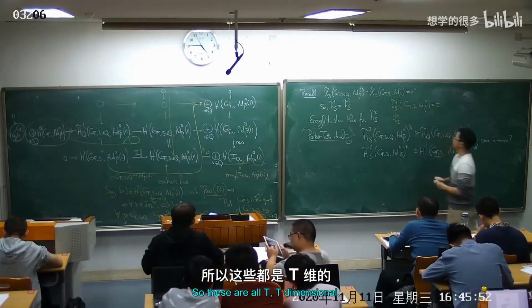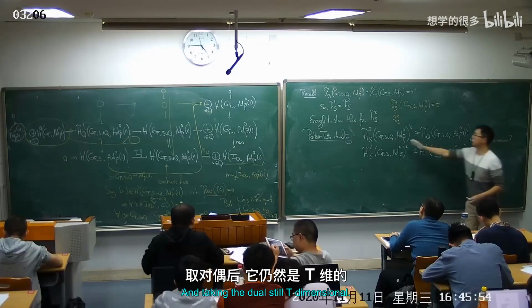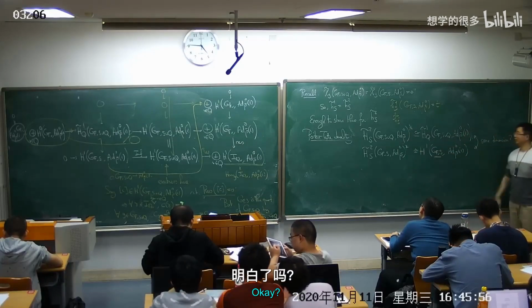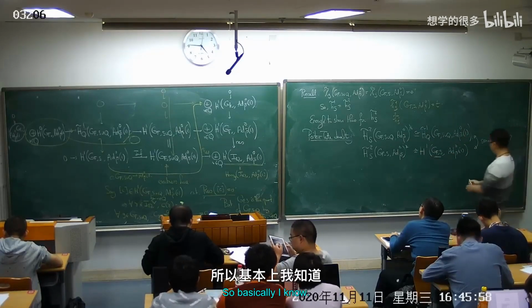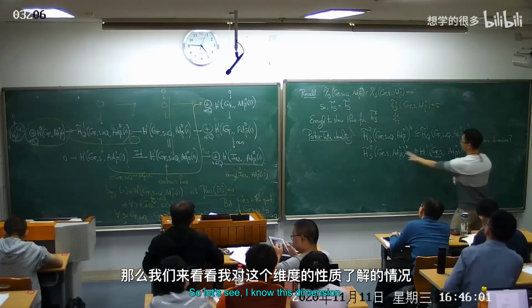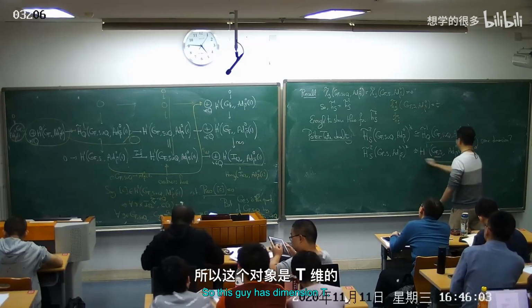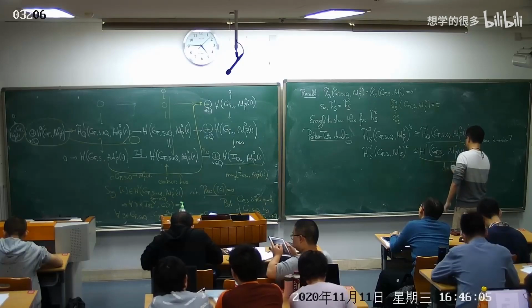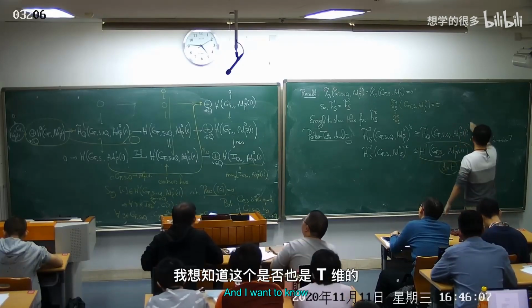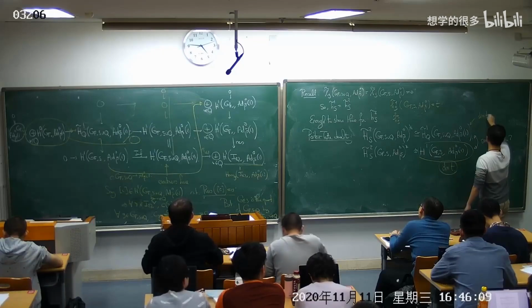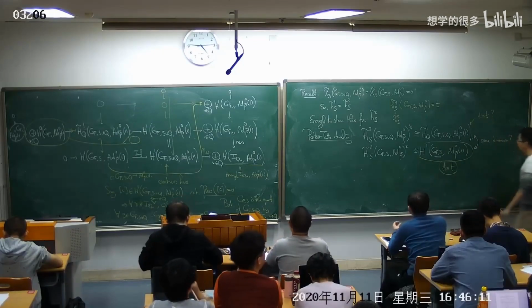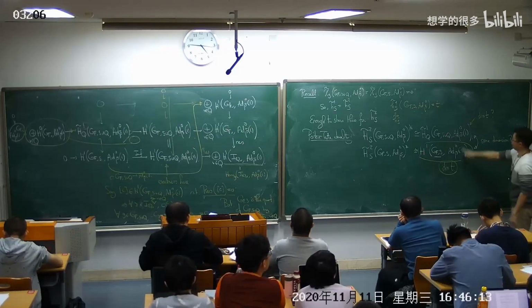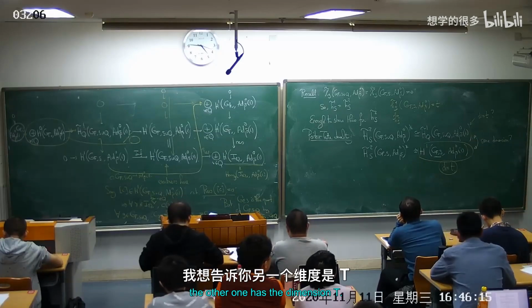So these are all t-dimensional. And taking the dual, still t-dimensional. So basically, I know this dimension. This guy has dimension t. And I want to know whether this one has dimension t or not. I know one of the dimensions. I just want to show the other one has dimension t.